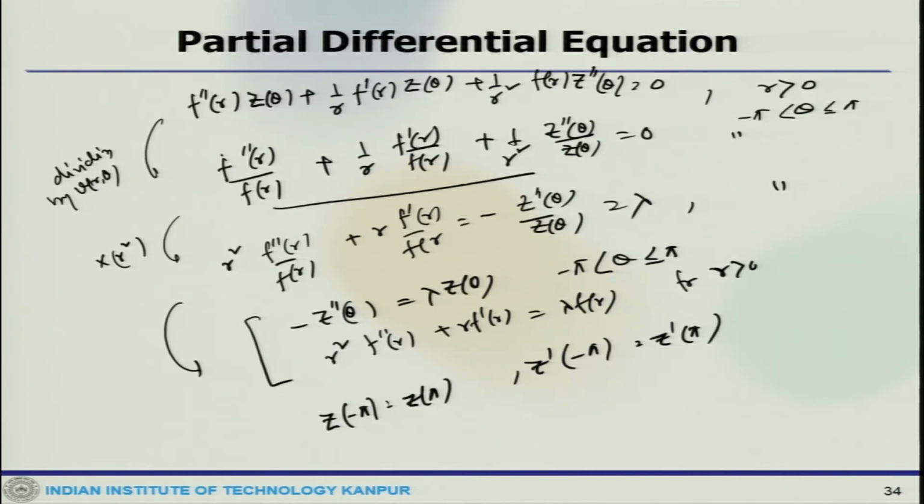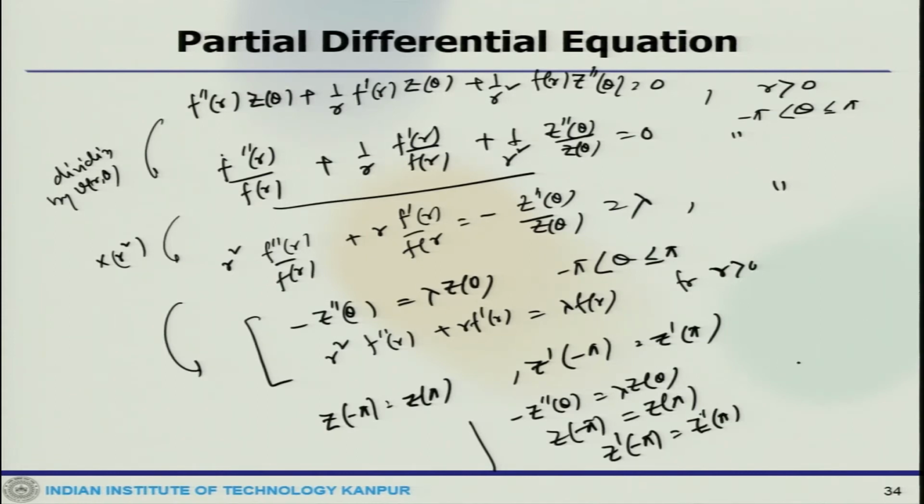Now, if I put everything together, this two-point boundary value problem becomes: minus z double prime(theta) equals lambda z(theta), z(minus pi) equals z(pi), z prime(minus pi) equals z prime(pi), where theta goes between minus pi and pi. So, this is what we get.